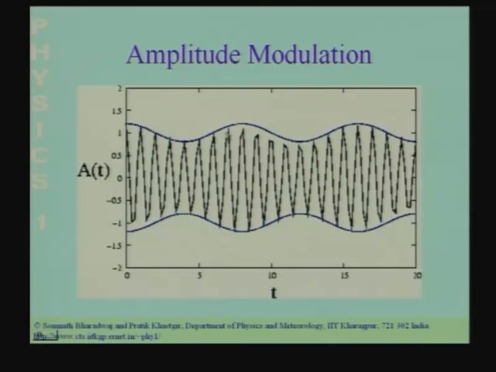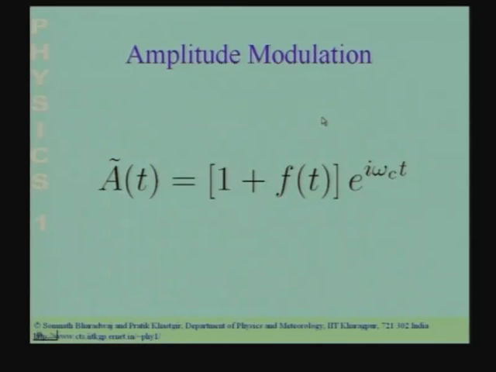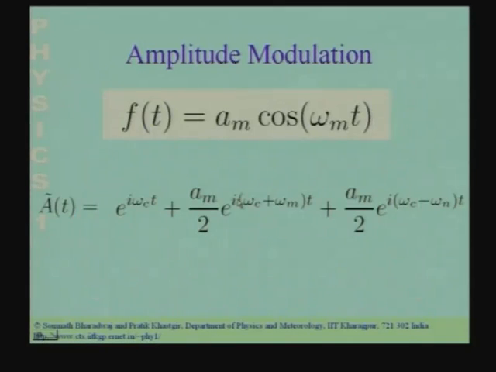The amplitude modulations in this case are sinusoidal oscillations at a different frequency, the modulation frequency, and we are going to assume that the modulation frequency is much smaller than the carrier frequency. So, in such a situation, the total signal that comes out of the radio transmitter can be written like this.